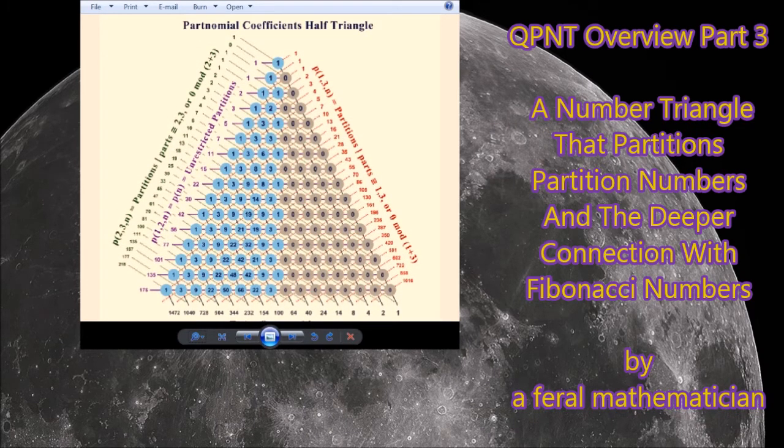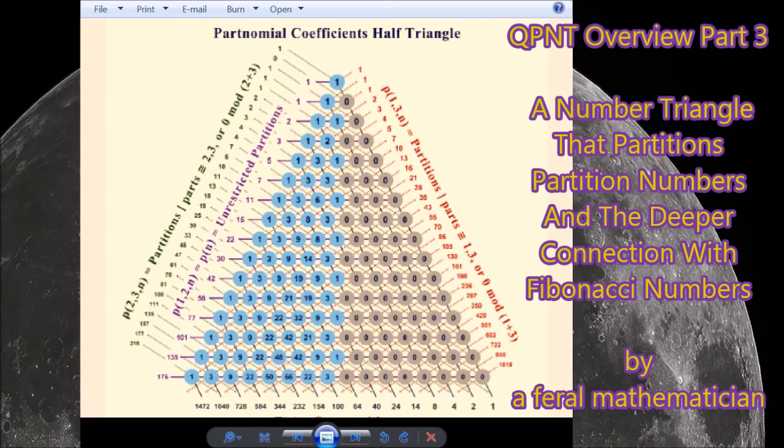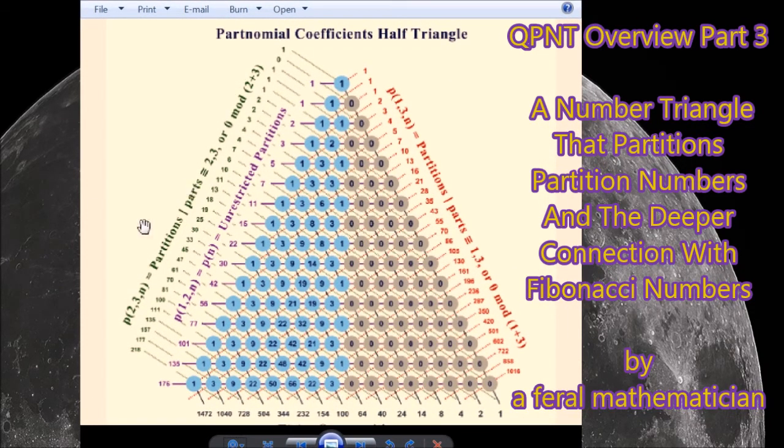So let me see if I can get a bigger view of this, and realize, folks, I've been talking and nobody can see anything. All right. The point being is that you have one copy of the partinomial coefficients triangle, and one copy of Pascal's triangle, and you determine the slope of lines running through it by alpha beta.